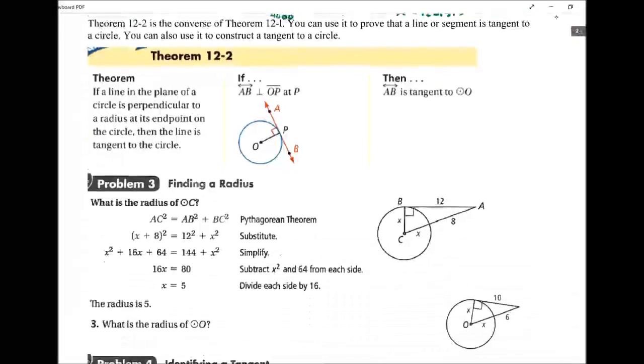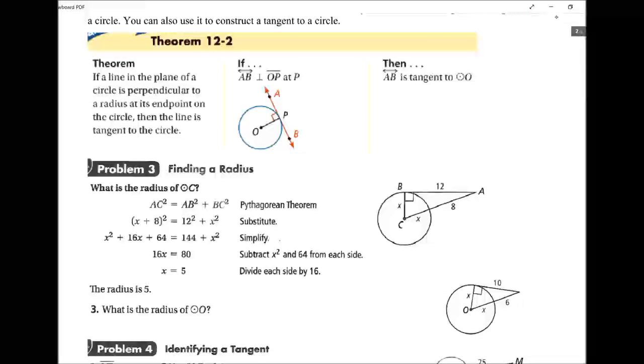All right, next theorem. This theorem says that if a line in the plane of the circle is perpendicular to a radius, I see a converse here, then the line is tangent to the circle. So again, because we don't have any names for these, let's write them out.